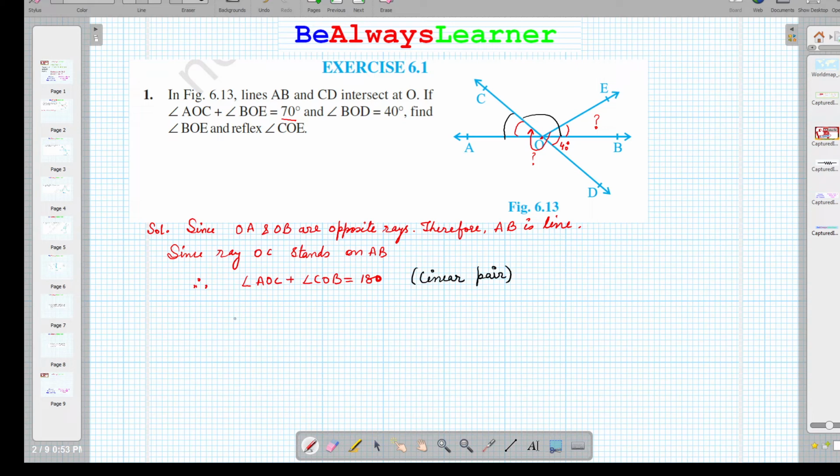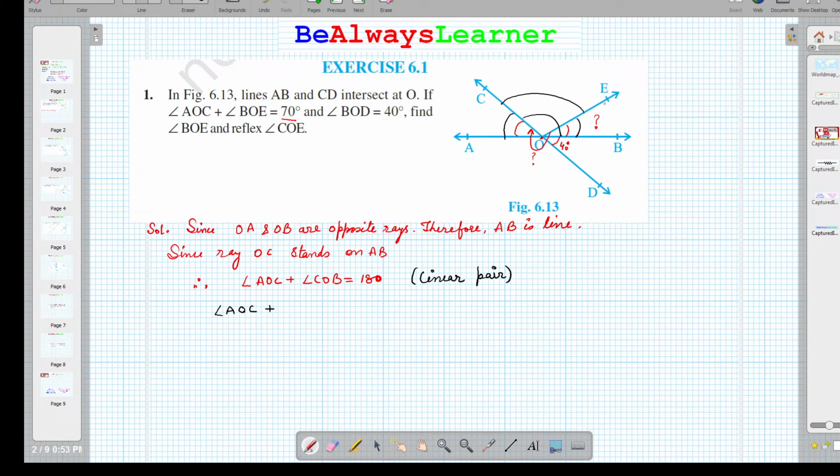Now the angle AOC, as it is we are writing, but the angle COB can be divided into two parts. One is this part and another is this part.